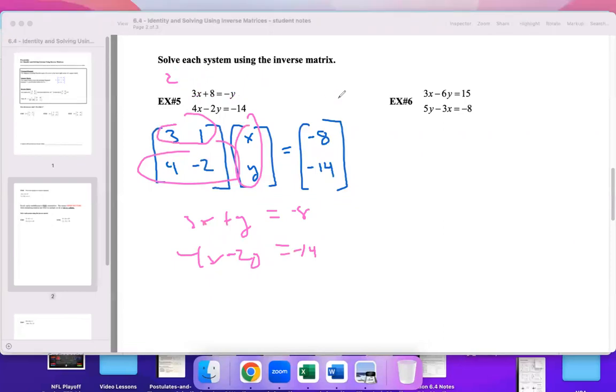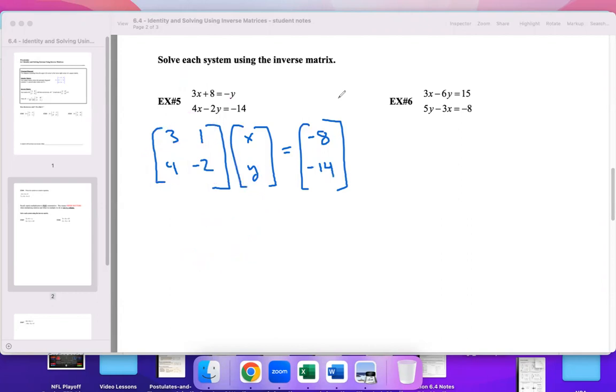Now, matrix multiplication also helps us solve this. So how do I solve this matrix equation? How do I get x and y by itself? Here's what we do. You do the inverse, right? I'm going to show you how it looks. I'm going to copy this again down below.